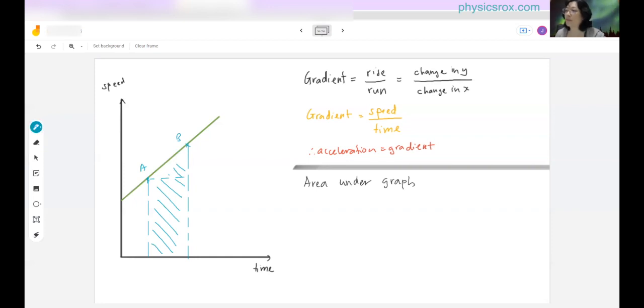So area under the graph depends on the shape. Because if you get another shape, like let's say you get this kind of shape, then it's a rectangle. Depending on the question, they ask you to count it.